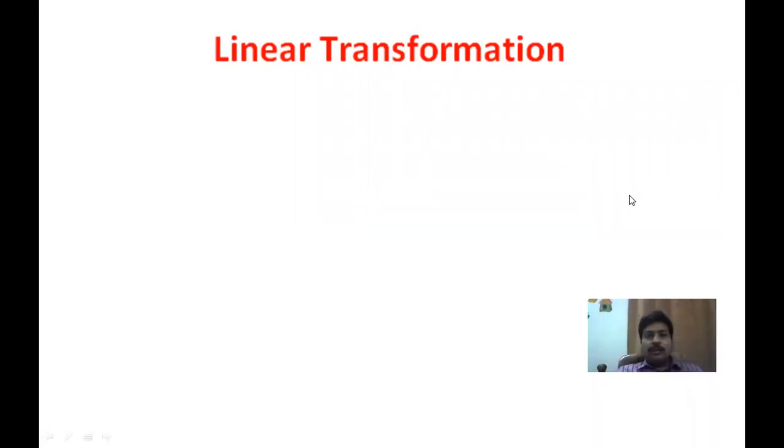Let us first quickly go through the definition of linear transformation, which we have discussed in detail in the previous class.